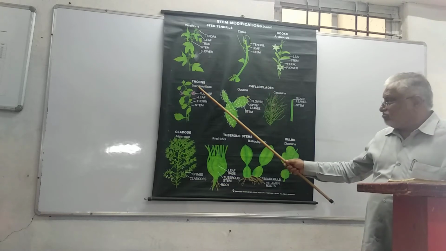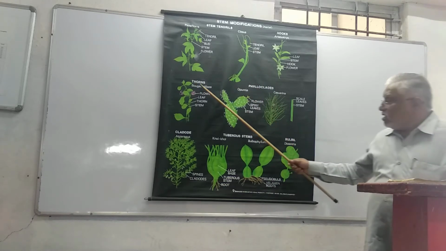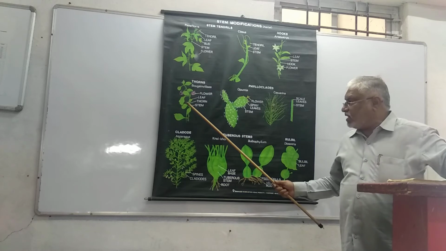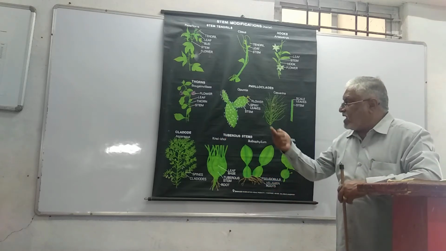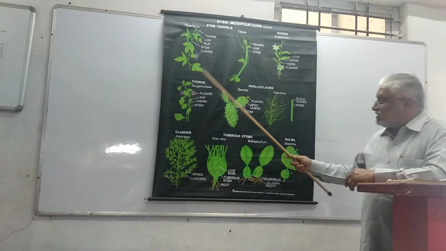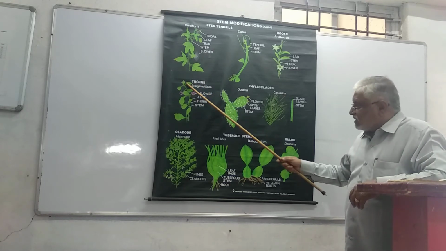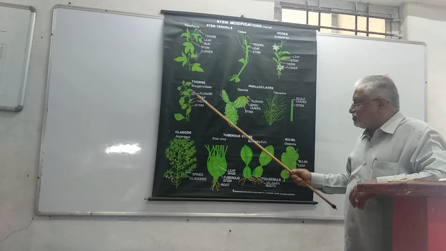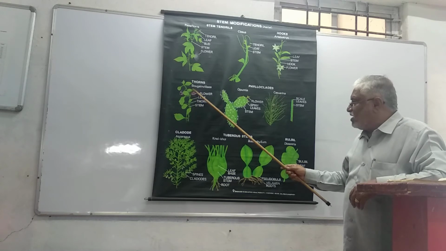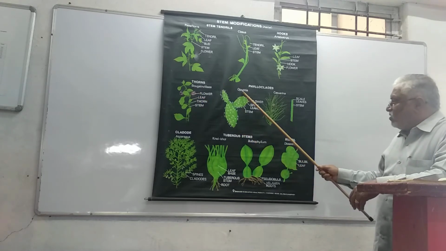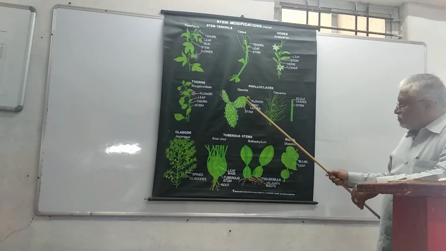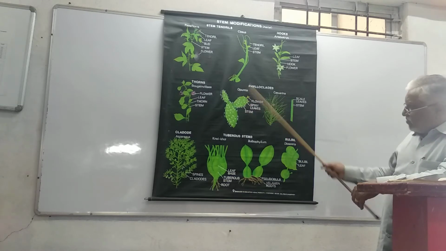Then thorn. Thorn means a hard, pointed structure for protection. So these are Bougainvillea spectabilis and Duranta, commonly known as such. This is Opuntia; these are examples of phylloclade.